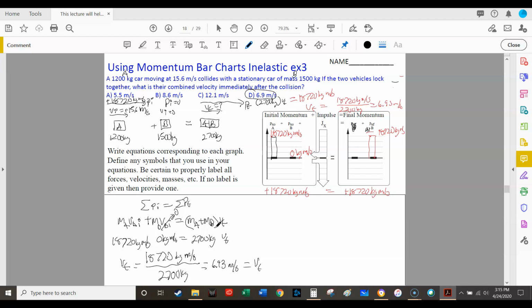There's only one unknown. It's really easy to analyze this if you've storyboarded it, labeled everything correctly, put your vectors on everything, and done your momentum bar charts. You could pretty accurately get what the answer is before you do the formal summation of momentum and your equations. So it's always good to find out where you're going before you get in the car, right?